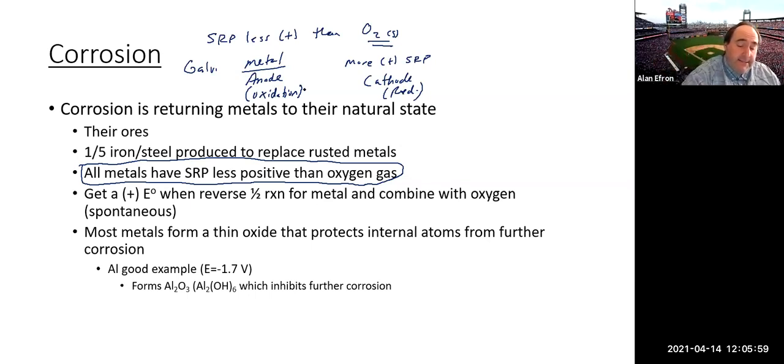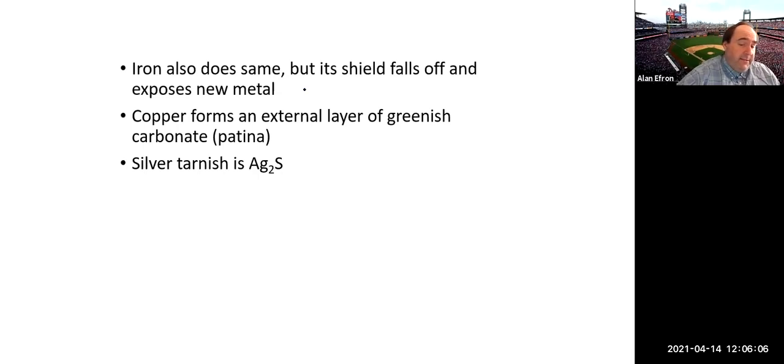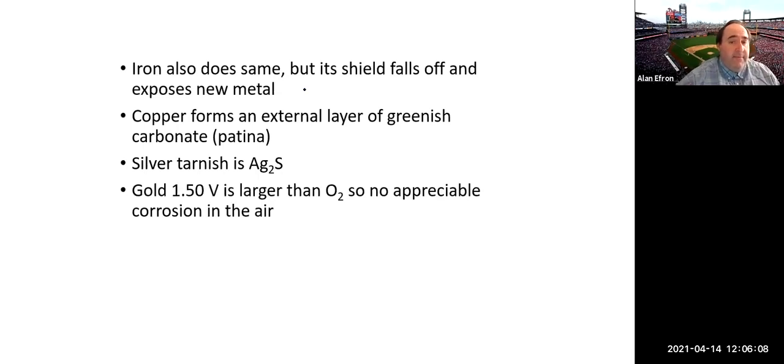So again, corrosion of metals is not necessarily a terrible thing. It can be a really good thing in some cases, a protective thing. In other cases, it can be a really bad thing, and the most obvious case that we are probably familiar with is rust. When iron goes through oxidation, it does create a layer, but unfortunately that layer falls off.